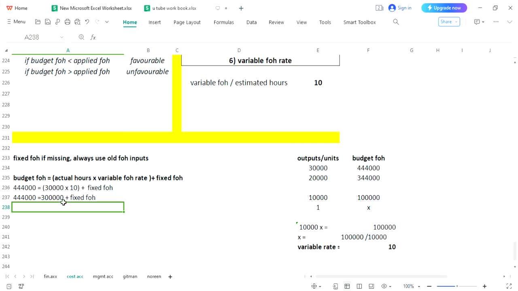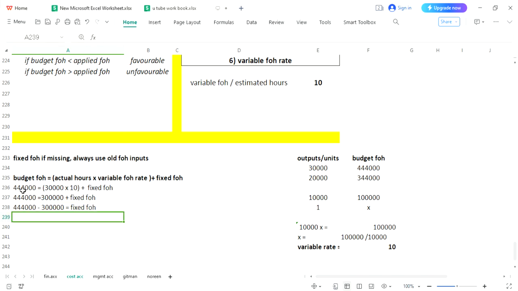You want to take it to the left side. If you take 3 lakh to the left side, the sign will change. What is already present on the left side? 444,000, and now you want to take this 3 lakh to the left side. It is added, so when you take it to the left side, it would be subtracted. So 3 lakh would be written over here, and then is equal to fixed FH.